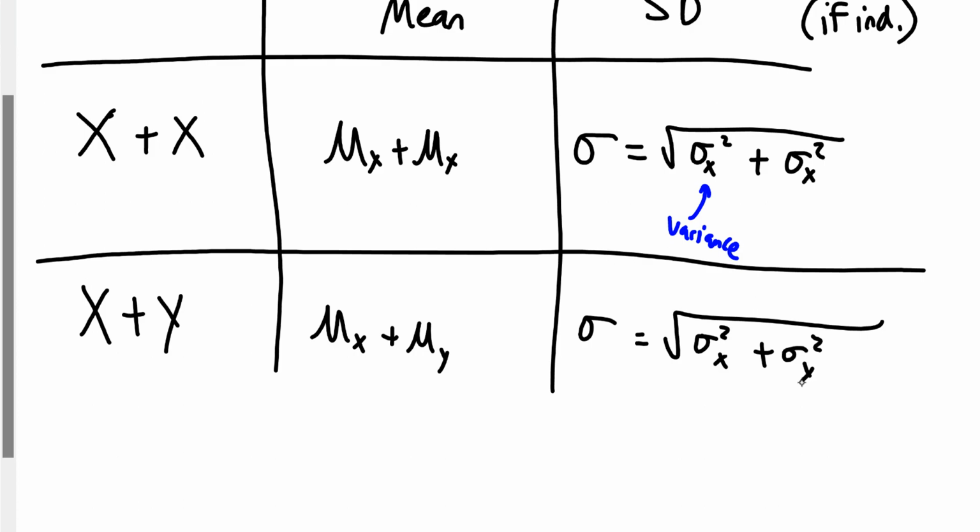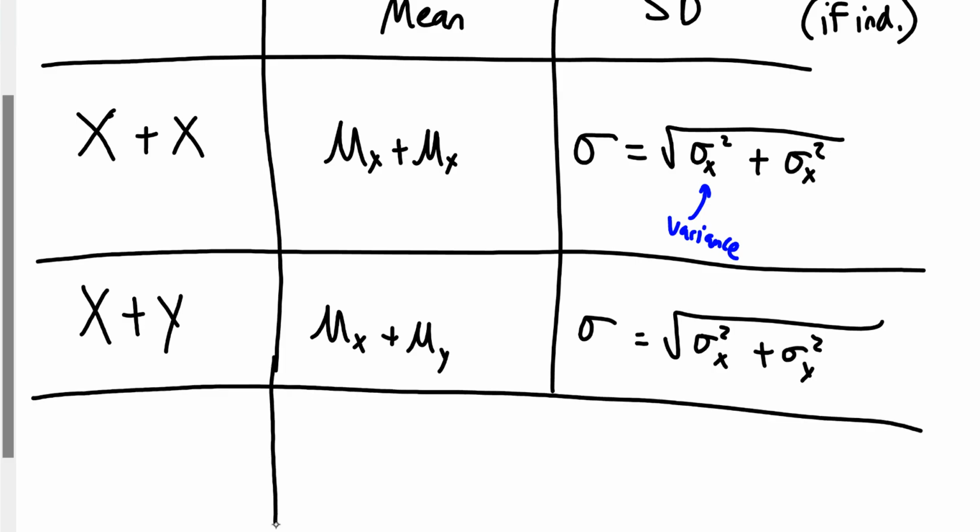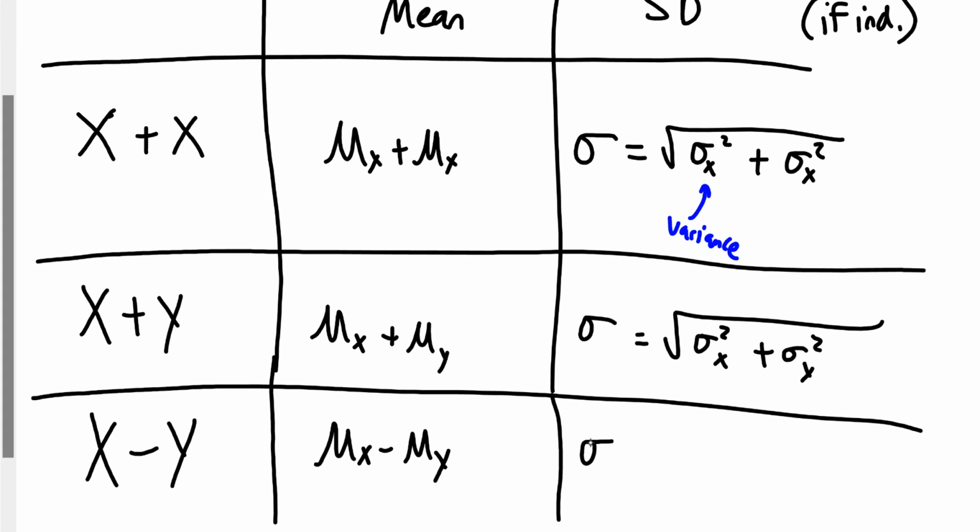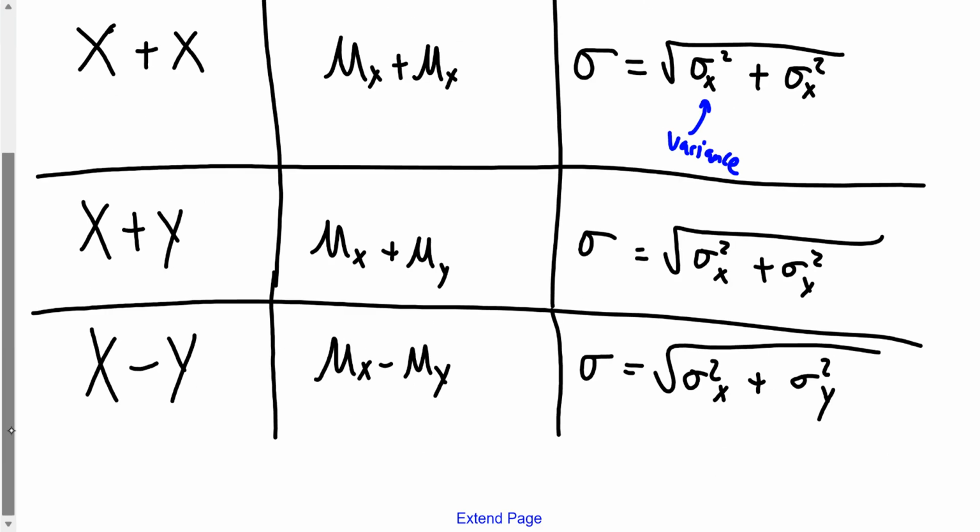Now, when we subtract, our means do get subtracted. Nothing crazy there. But our standard deviation does not. It's always going to be addition under that square root. And it's worth noting the shape, if it's normal, is still going to be normal, whether you're adding or subtracting.